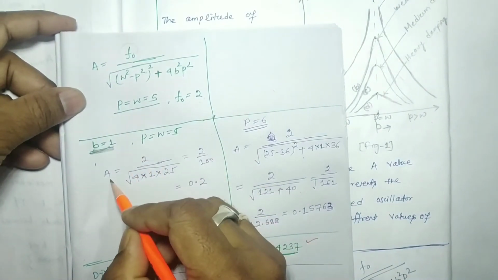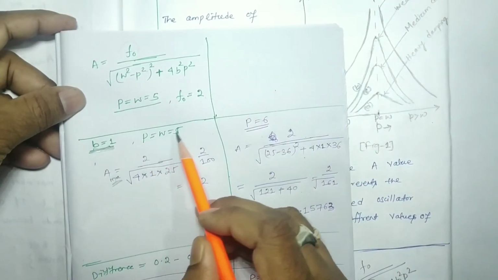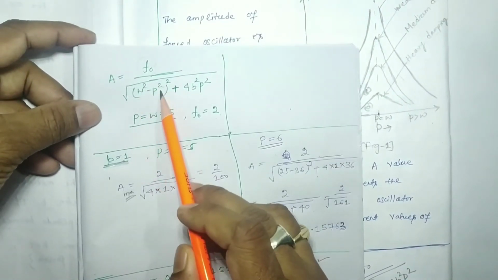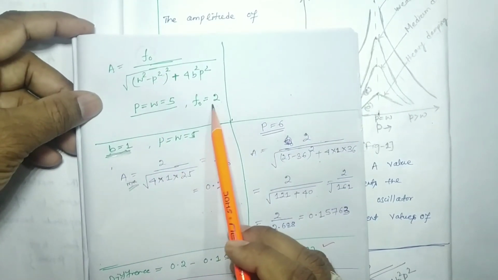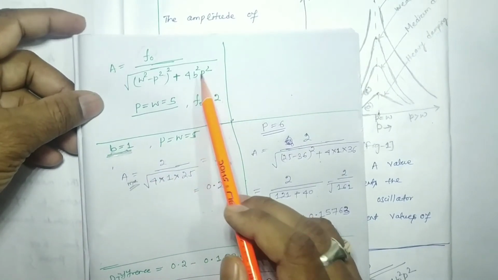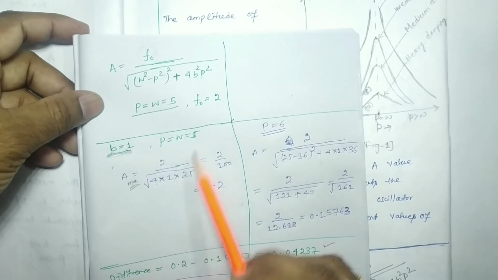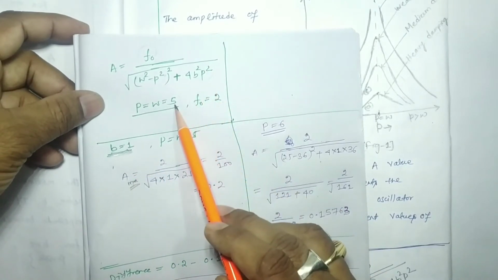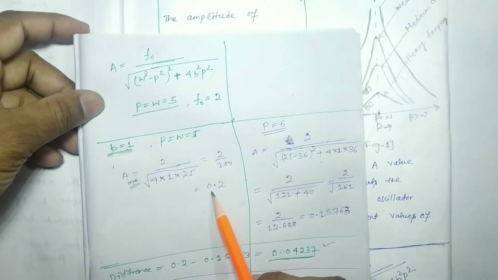A max, means for p equal to omega equal to 5, this term will be 0. So here f0 we consider as 2 by root over of 4 into b square. B square is 1, into p square. P square means 5 square is 25, so it will be equal to 2 by root of 100, which is 0.2.